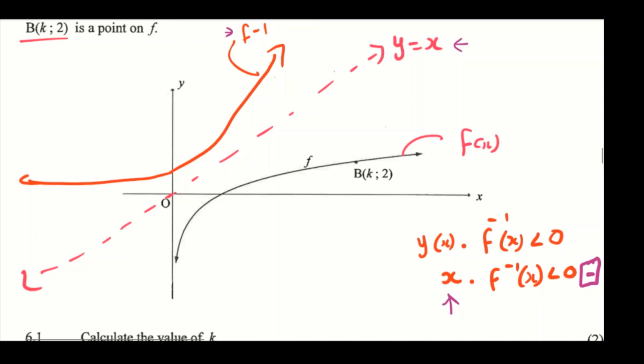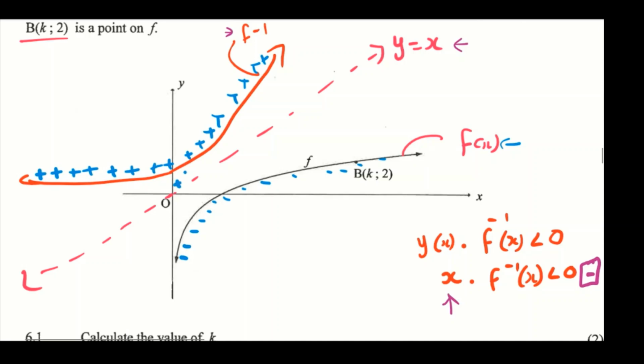So if we check, the y values here are positive, positive, positive throughout. They're positive here, positive here, positive here, right? And then here the y values are negative. Even though we're not really interested in the graph of f of x, we're interested in the straight line, so the y values here are positive.